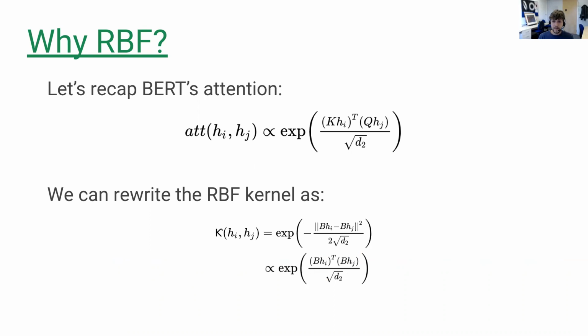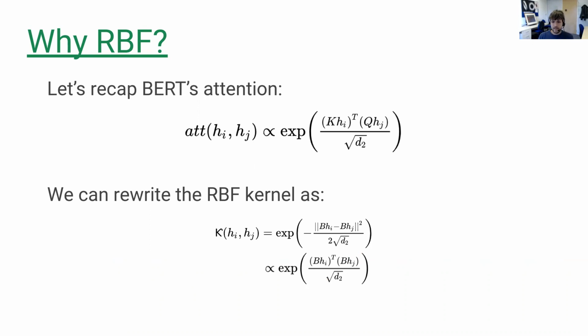So BERT learns an attention function between two embeddings. And this attention is represented by the dot product between a query and a key vector divided by the square root of the dimensionality of these embeddings. And the exponential function here represents the softmax that is run on top of this dot product.